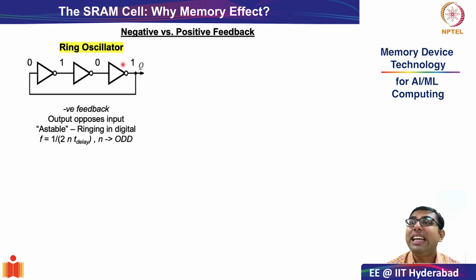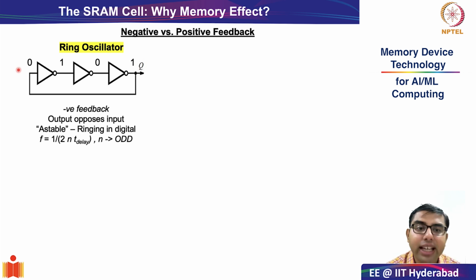It simply means in this particular context that if I start with a value of 0 in the input of the first stage, the output will be 1, then the output of the second stage will flip to 0, then the output of the final or third stage will again flip to 1. So when this 1 is fed back into the input, this is trying to create a negative feedback. That means it is trying to de-strengthen the initial input.